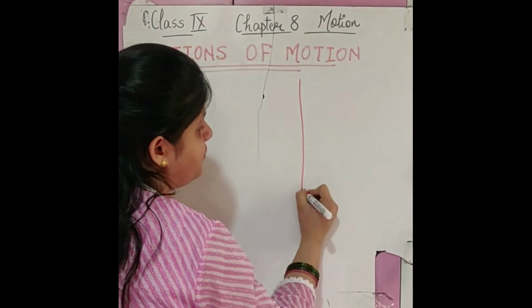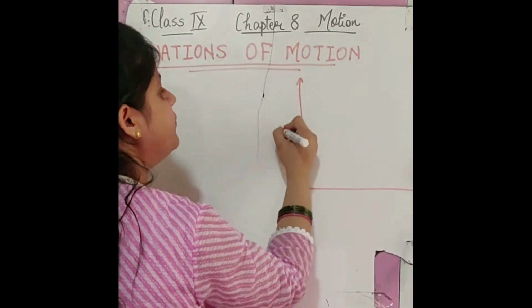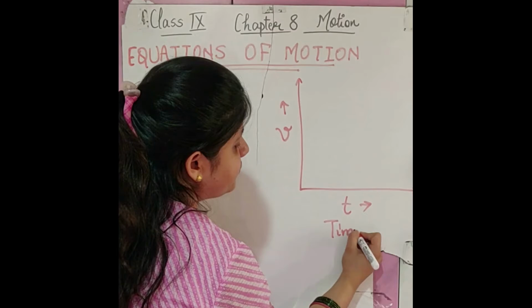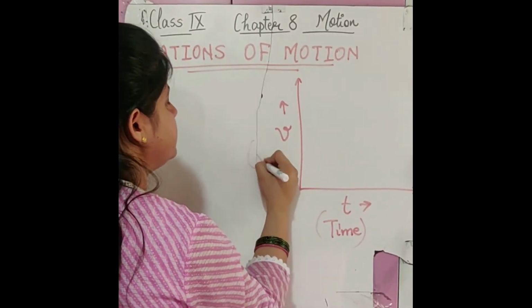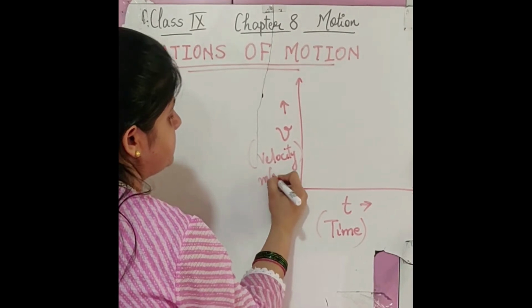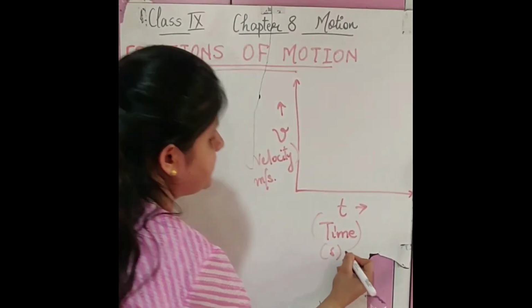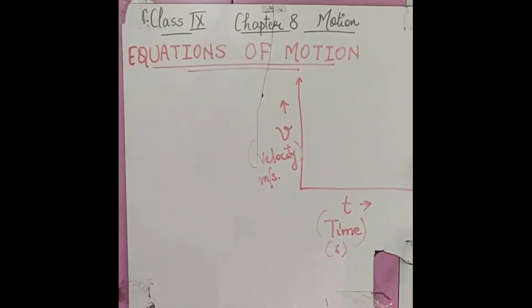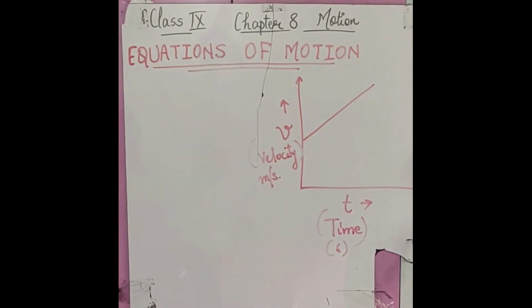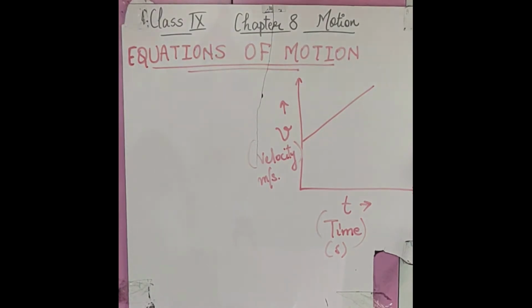So we have a velocity time graph which is uniformly accelerated motion like this.